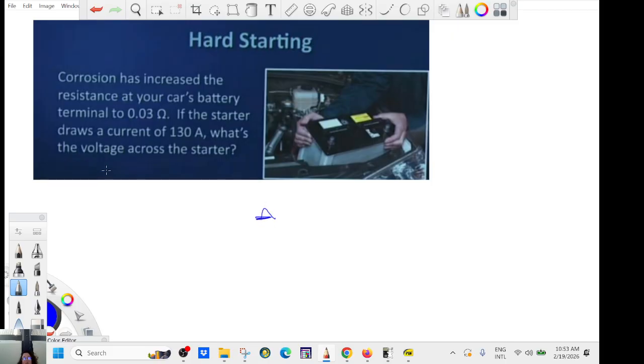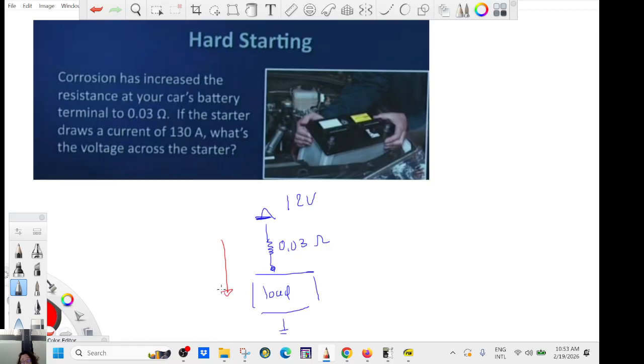Okay. So when you say the voltage across the starter, that means the load. That's the load. Okay, so you start with a 12 volt. And here you have the little sneaky guy, 0.03. Okay, and then you have your load, which is the starter. And you have the base.